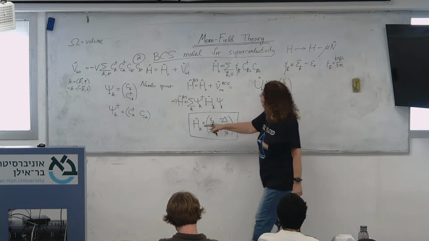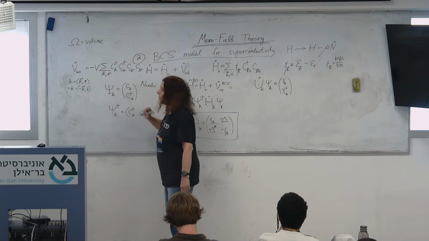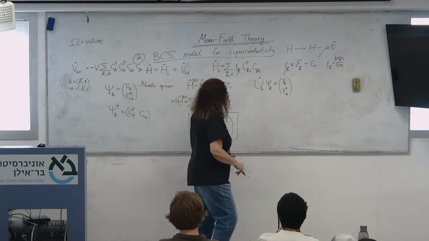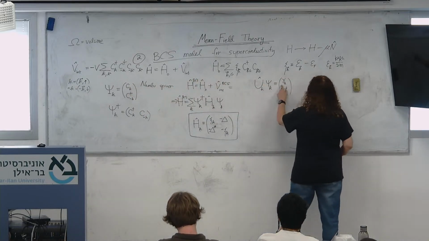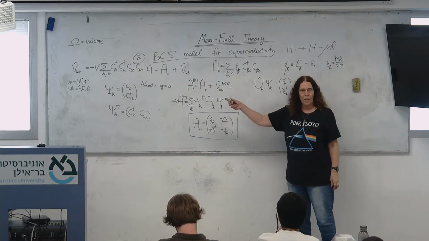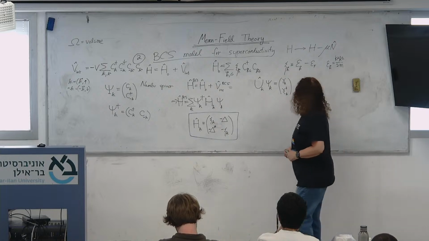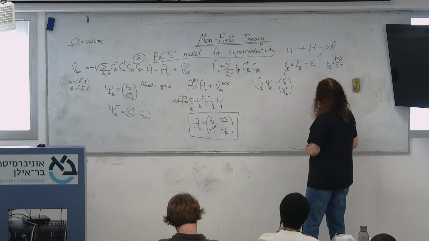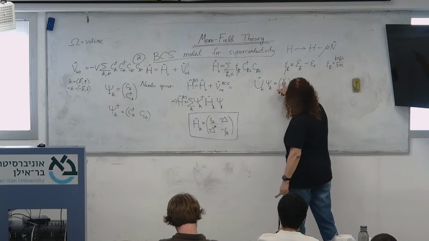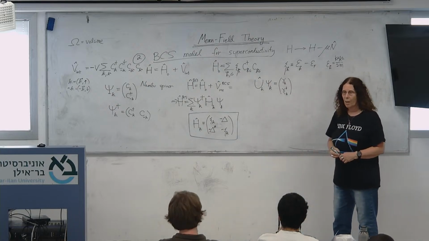It has the same form as this, but if you rewrite them in terms of the C and C dagger, there's some superposition. Okay? Okay, and then these gammas diagonalize the Hamiltonian.